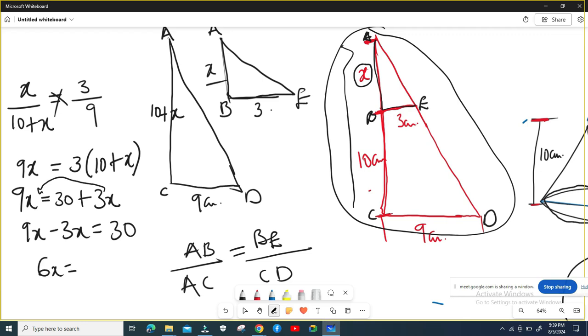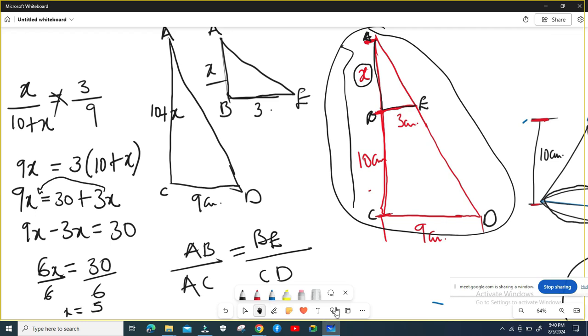For us to remain with x, we divide both sides by 6. 6 into 30 is 5. So this 5 is the height of the cone which was removed.